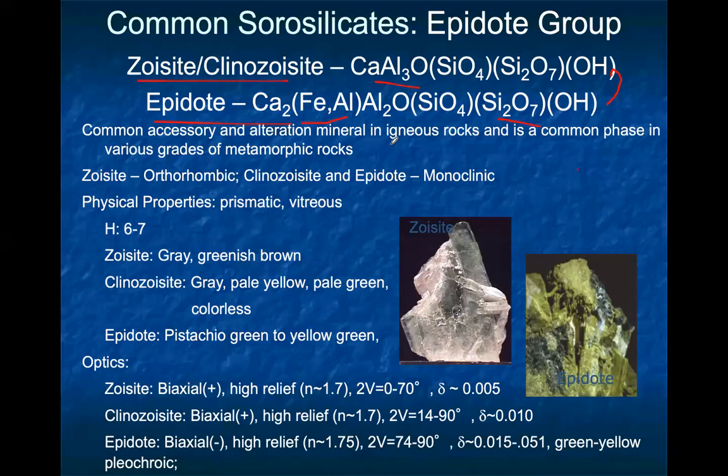And the different minerals can be found depending on their rock type also, right? So zoisite is orthorhombic, and clinozoisite, for example, you are having epidote like minerals, they are monoclinic symmetry, right?